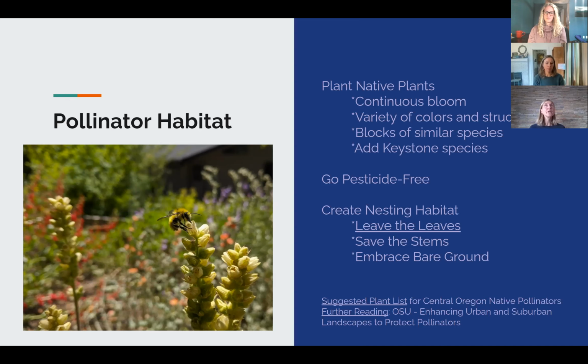We actually have 30% of our bees nest inside the stems, especially the ones that you can see a hole into. They're called pithy stems. So those in particular are really important to bees. They go down into the stem in spring, lay a series of eggs, each in a separate chamber, and then the following spring, the adult bees will emerge.